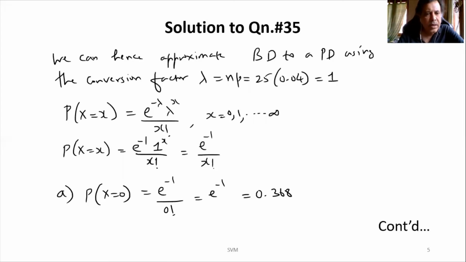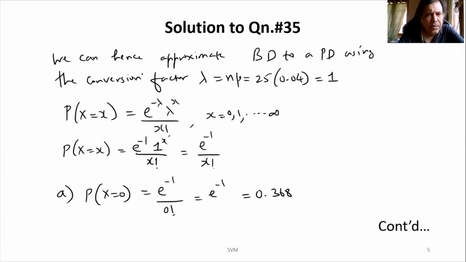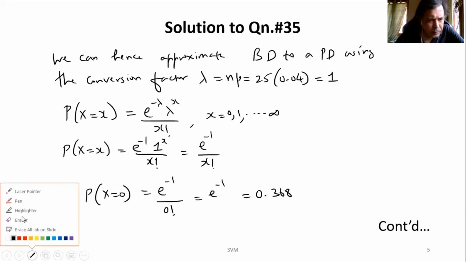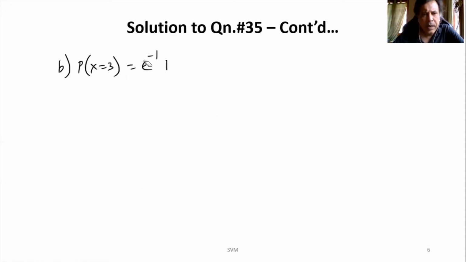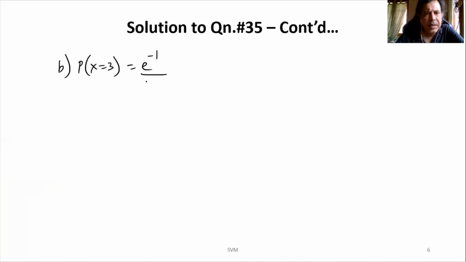Then let me move on to question B. Question B is 3 pieces in the sample will be defective. So it is e power minus 1 by x factorial, so here divided by 3 factorial.